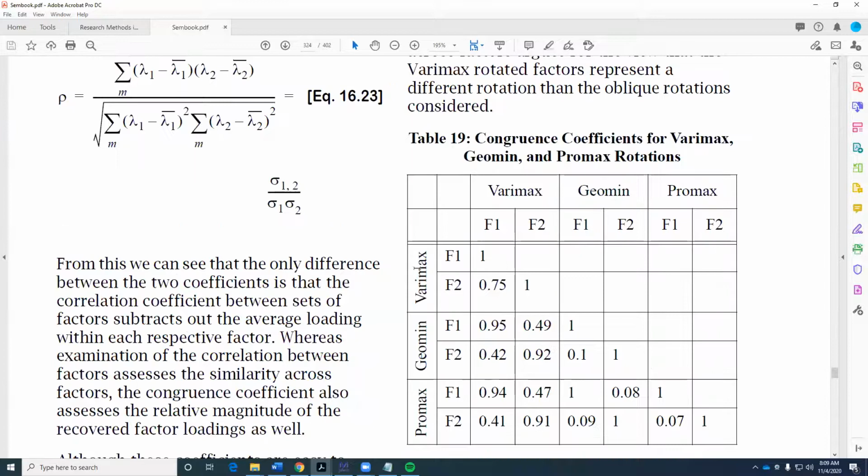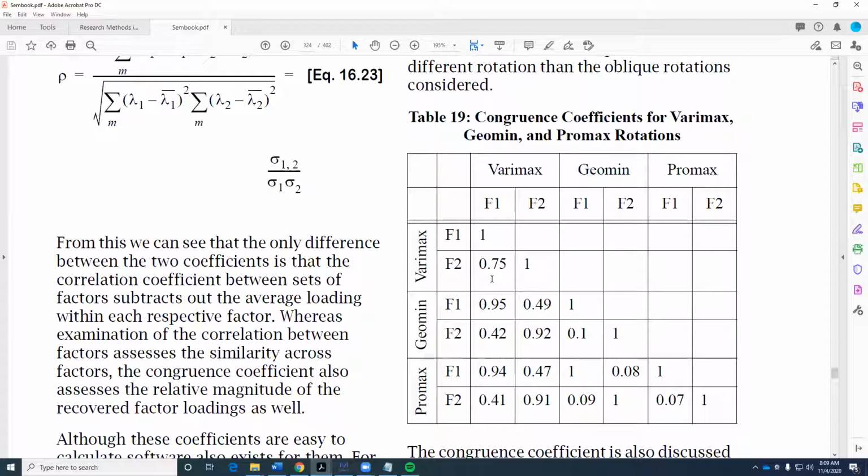And so as I'm looking at factor one and its congruence with factor two, they look pretty similar under Varimax rotation, because remember, Varimax rotation assumed that factor one and factor two had zero correlation between them. On the other hand, Geomin and Promax, those two things assume that the correlation between the two factors exists and is non-zero. So for that reason, in the Geomin rotation, the congruence between factor one and factor two is pretty low. And the same thing for Promax.